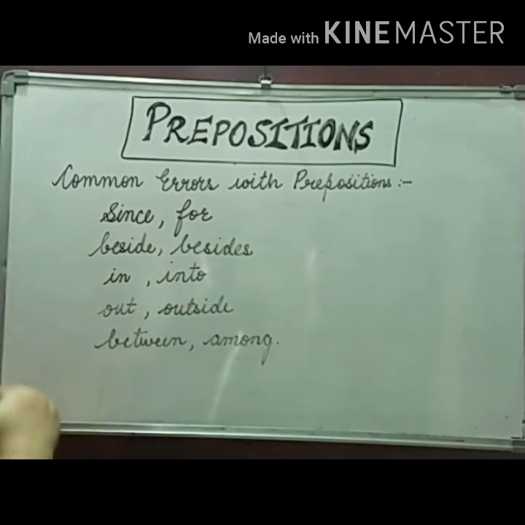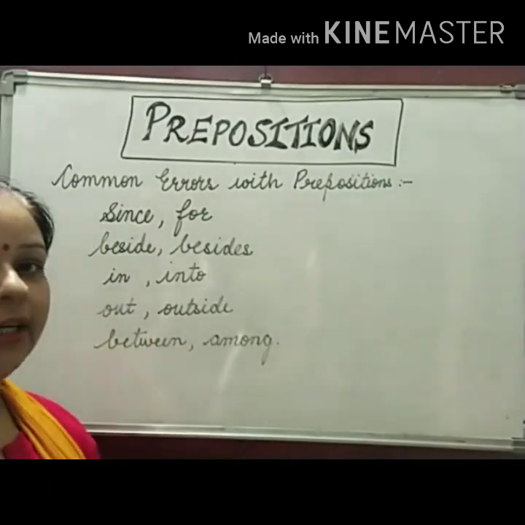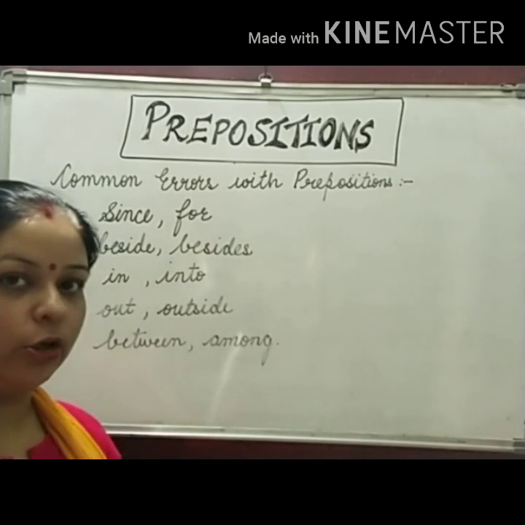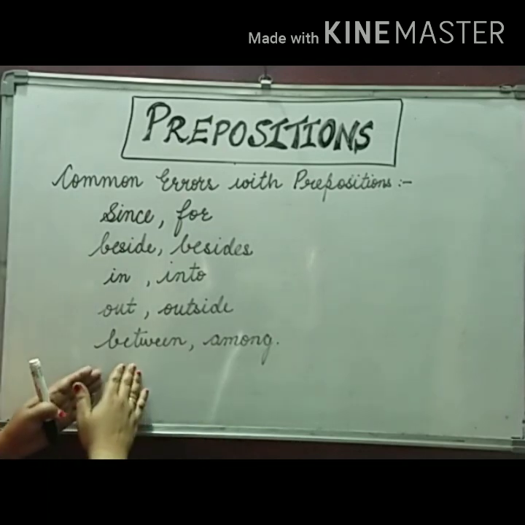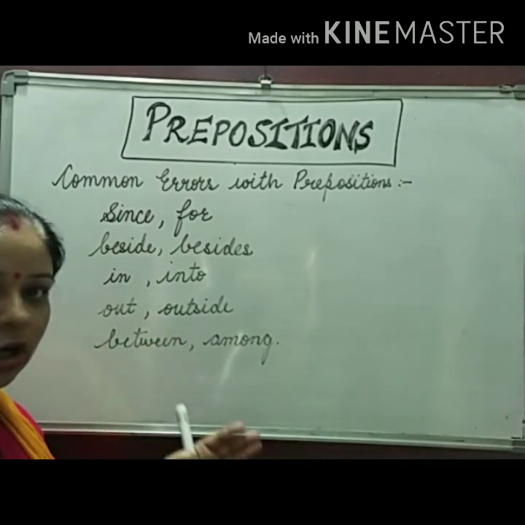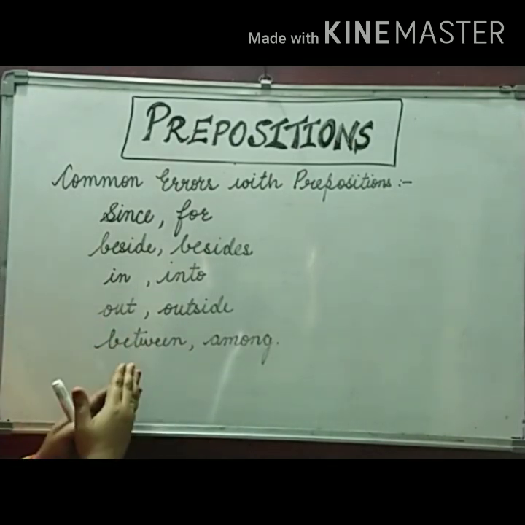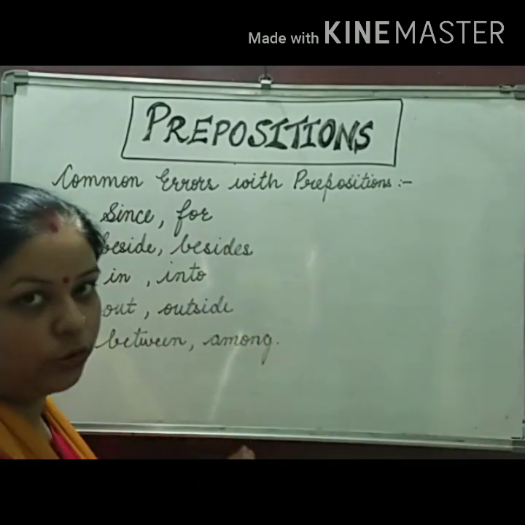Out means from inside to out, somewhere in the open, but outside means from inside to just outside, very close, not very far away. Then between and among, in the same way, we differentiate. Between is used when we talk about two people or things, when we divide something between two. Among is used for more than two.